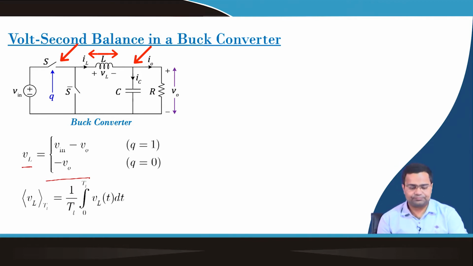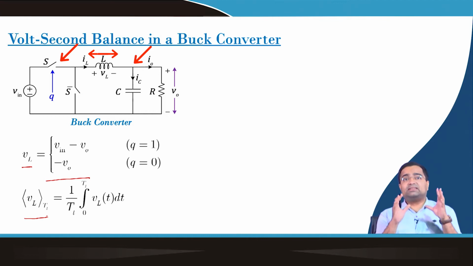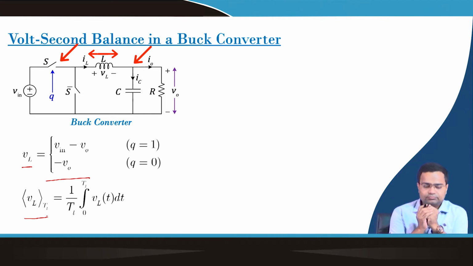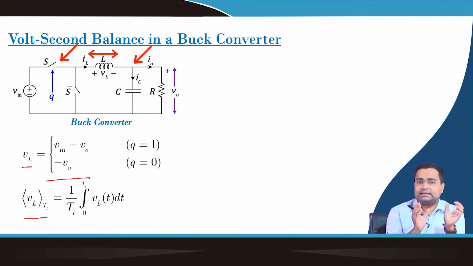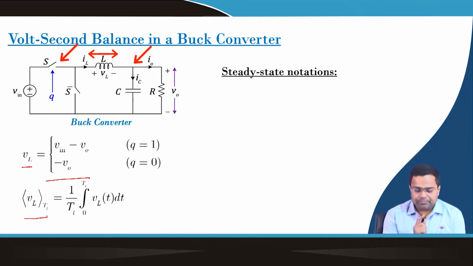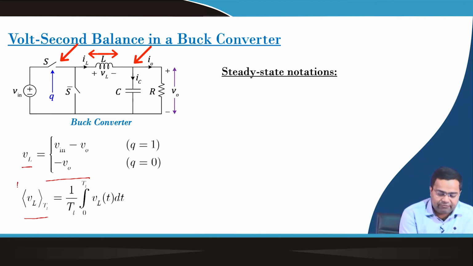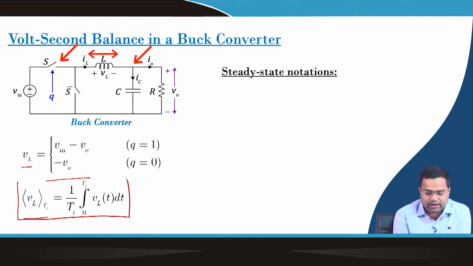Q is 0. Now, in this scenario, we are talking about the average inductor voltage. That means, if we take the average of the inductor voltage over a periodic cycle T, and this is well known that the average inductor voltage over a periodic cycle should be equal to 0.